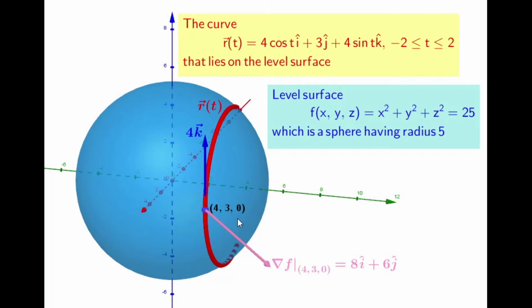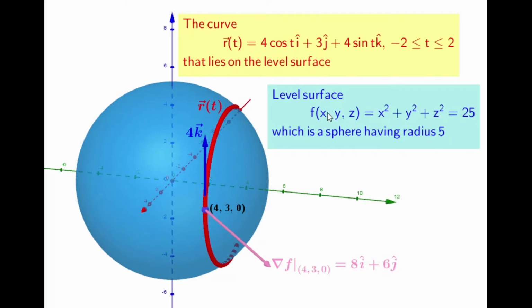Now at the point (4, 3, 0), the parameter t is equal to 0. So putting t is equal to 0, we find that dr by dt at the point (4, 3, 0) is -4 sin 0 i plus 0j plus 4 cos 0 k, which gives the vector 4k. That is, dr by dt at the point (4, 3, 0) is the vector 4k, that is indicated in blue color here.